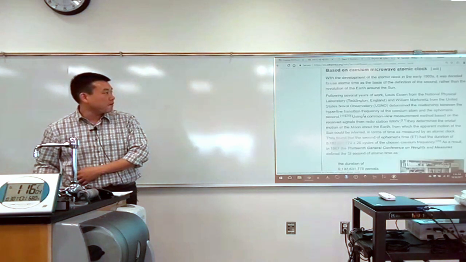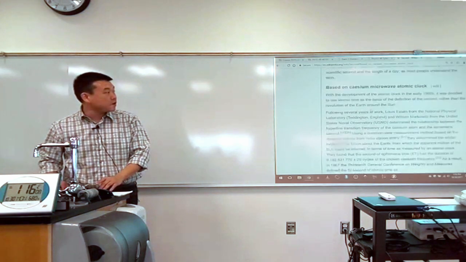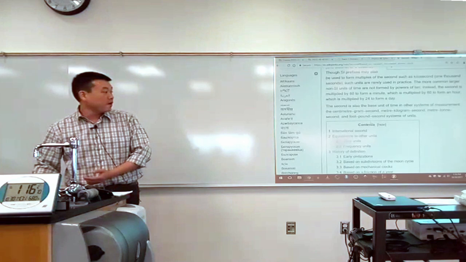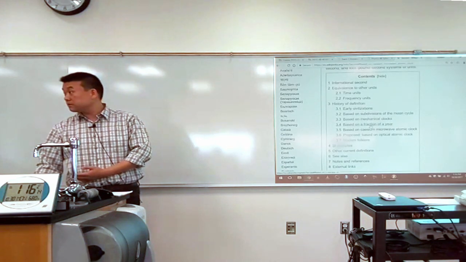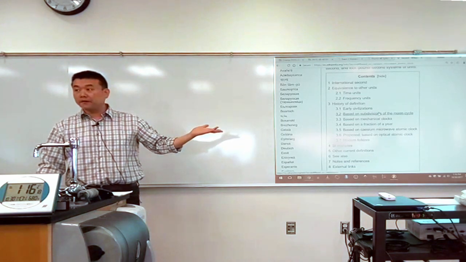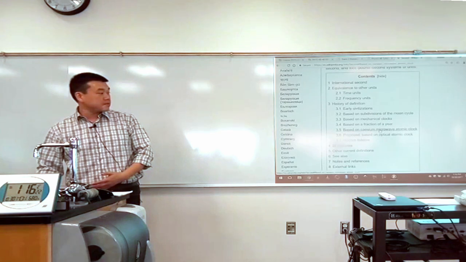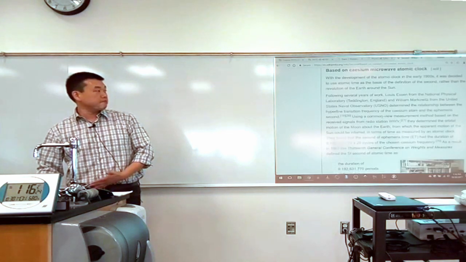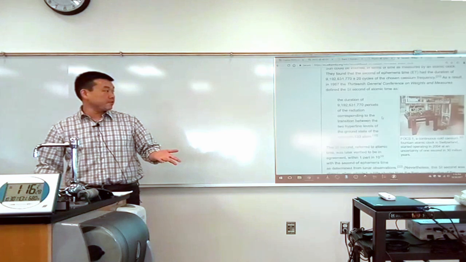Even though the idea of a second hasn't changed for a very long time, how we measure a second has changed, because it was based on the daily cycle initially, but that's not very precise. And so over time, this is the current most precise way of measuring time. So we define the second this way.